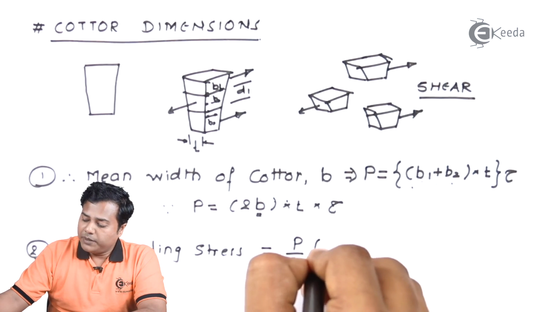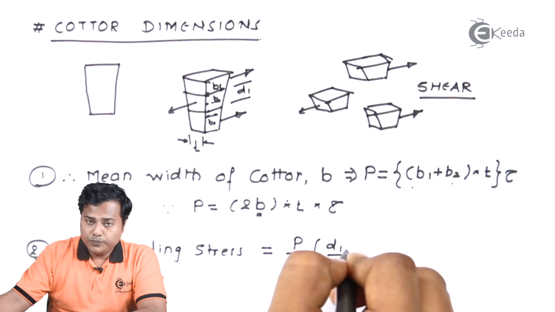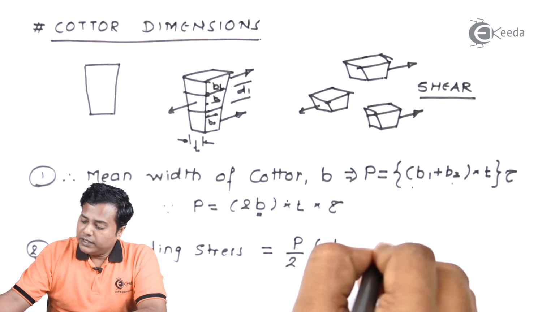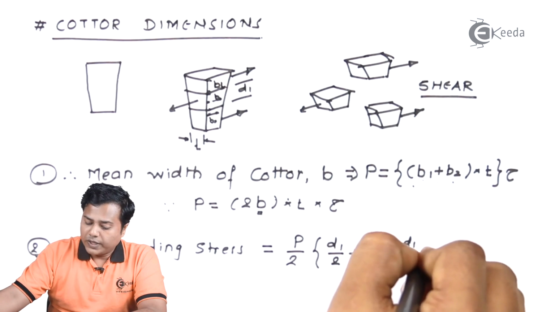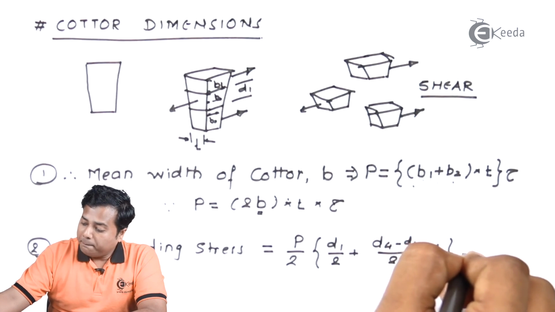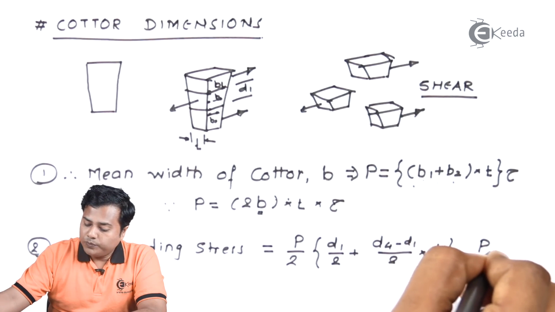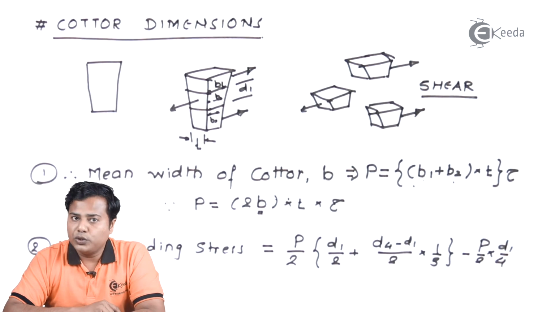So it is P divided by 2 inside bracket d1 by 2 plus d4 minus d1 divided by 2 into 1 by 3 minus P by 2 into d1 by 4. That's a standard formula which we are going to use.